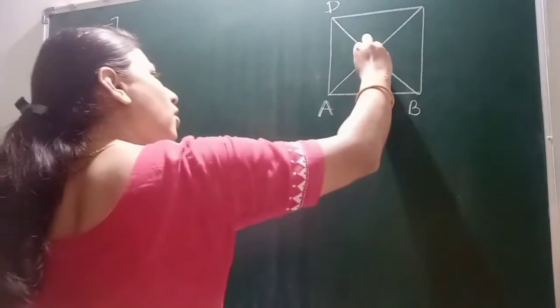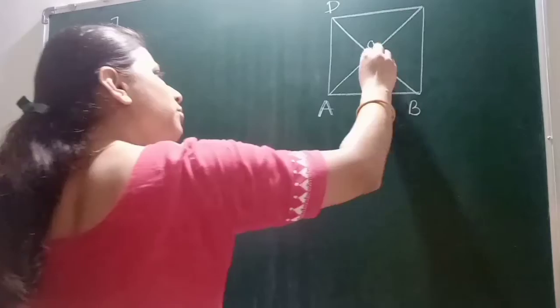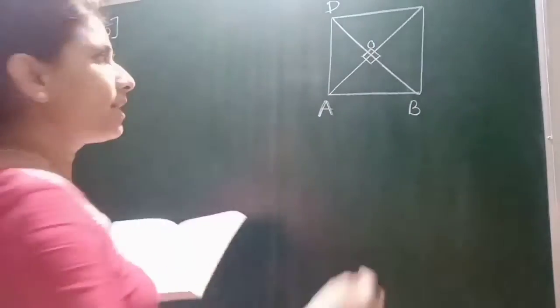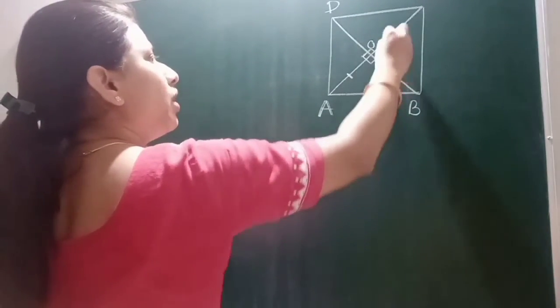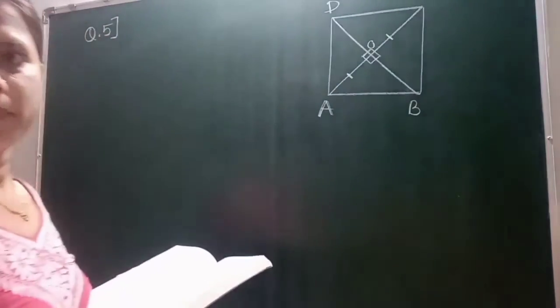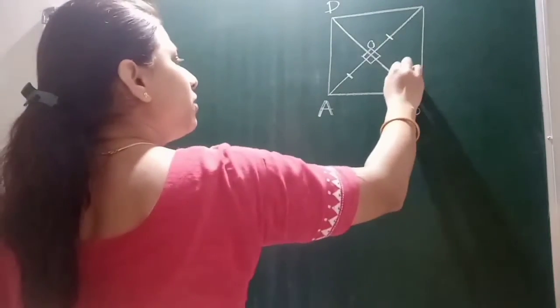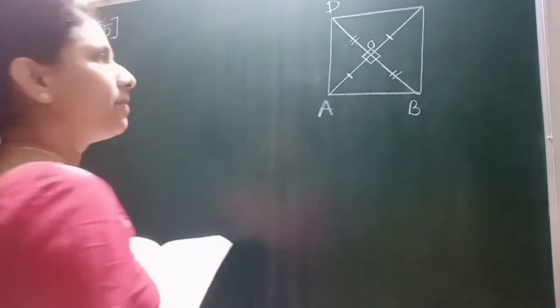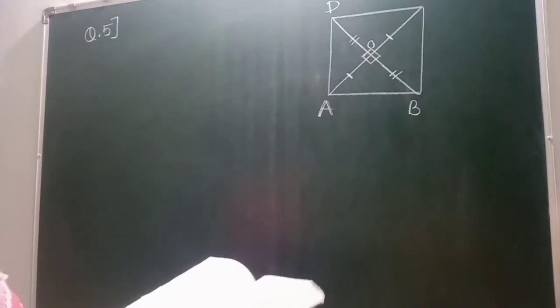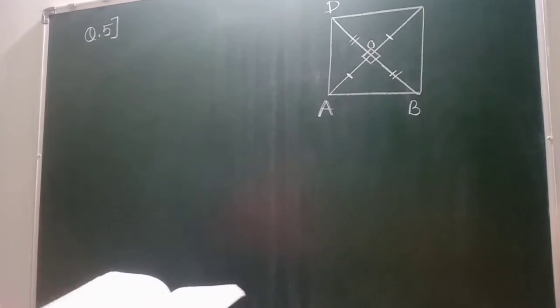It means all these angles will equal 90 degrees. Bisect means this AO will equal OC and this BO will equal OD. Okay, and we have to show that ABCD is a square.